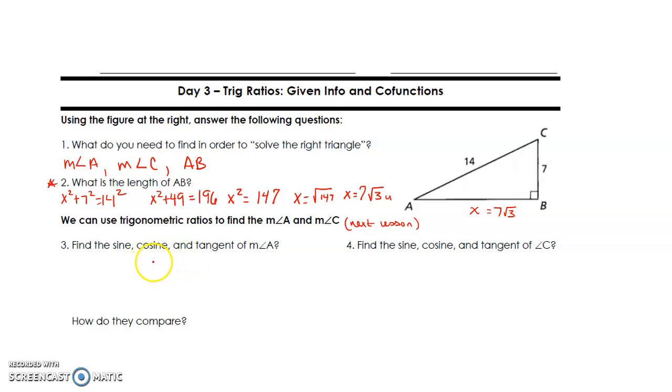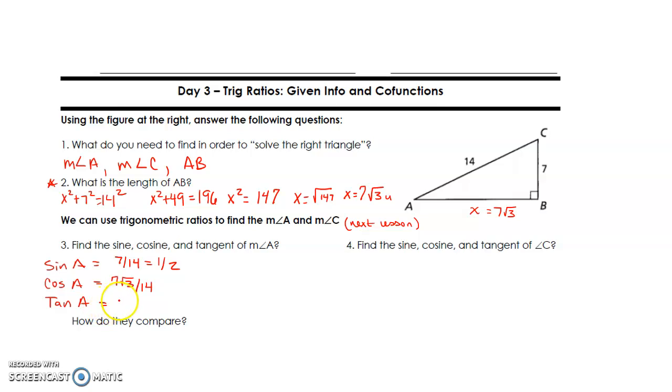Okay, find sine, cosine, and tangent of the measure of angle A. So if I'm looking at the measure of angle A, I can use my values to find sine of A, cosine of A, and tangent of A. Sine of A is my opposite over my hypotenuse. I can simplify. Cosine is going to be my adjacent over my hypotenuse.